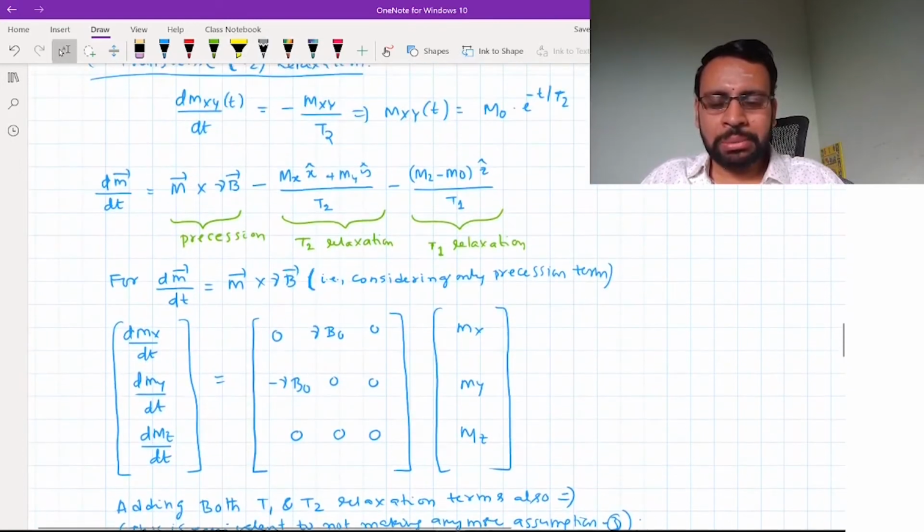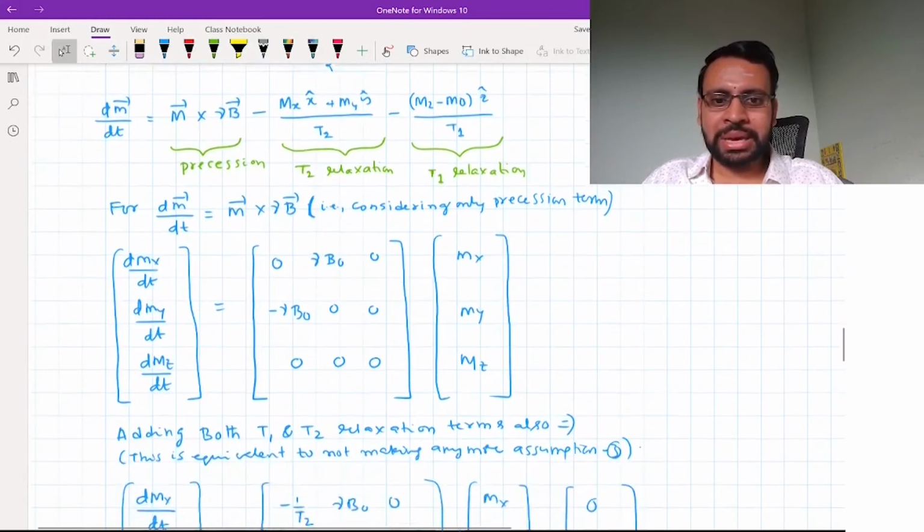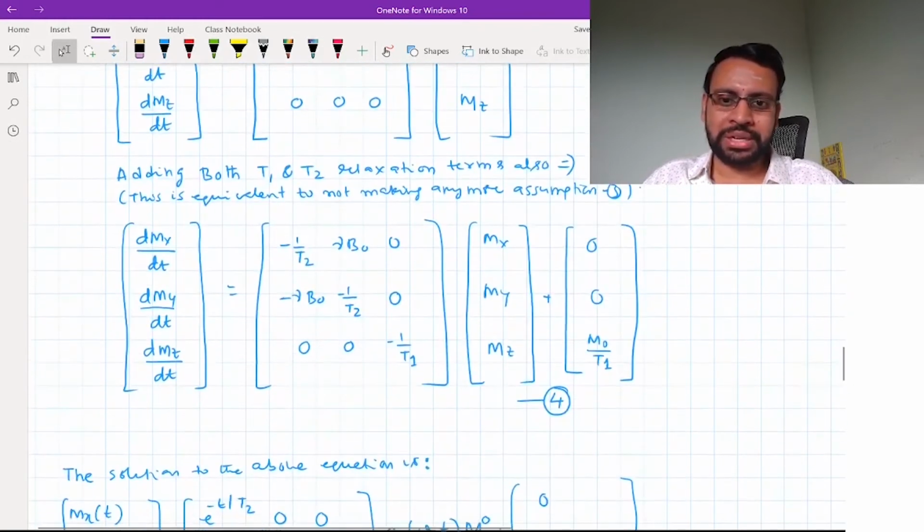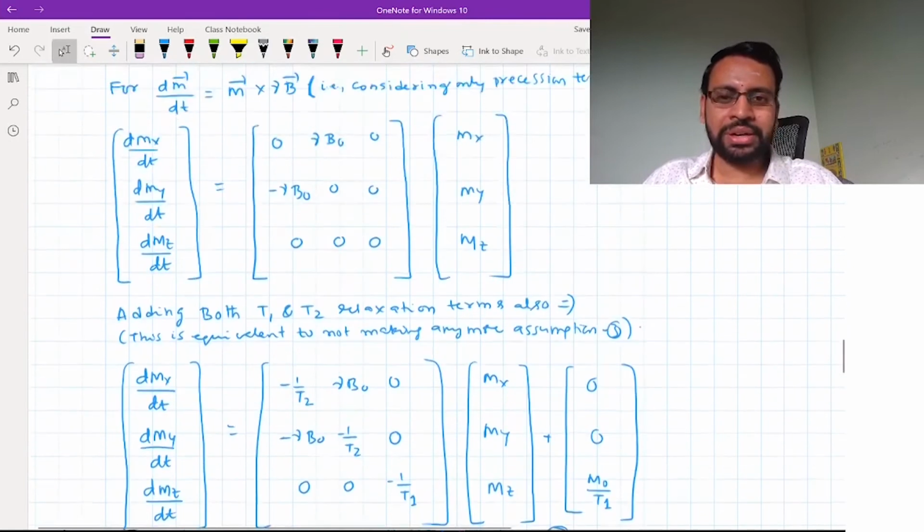I'm looking at the terms associated with the T2 relaxation, and for my there is again a term minus 1 by T2 that should come in the expression for dmy by dt, is it not? Because this is the term multiplied with my. So this minus 1 by T2 times my has come here.